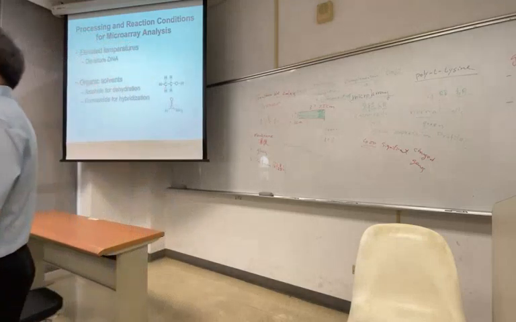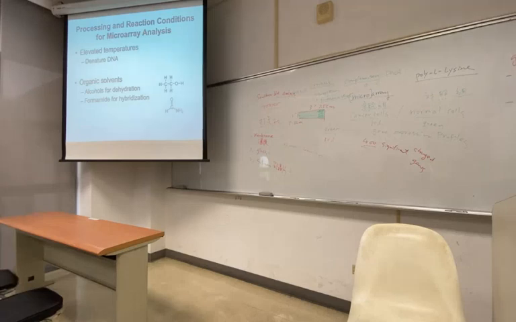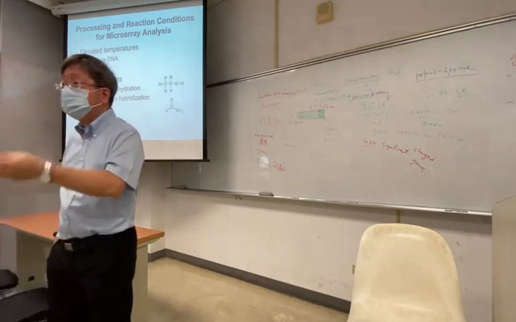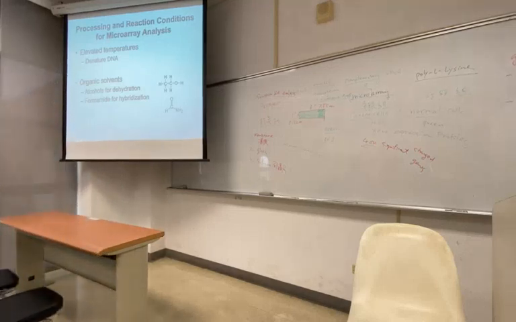Remember, the double helix structure is held by hydrogen bonding, right? Hydrogen bonding is the third weakest, well, I should say, a weak binding within the chemical reactions. So it can easily be broken up by heating, right?